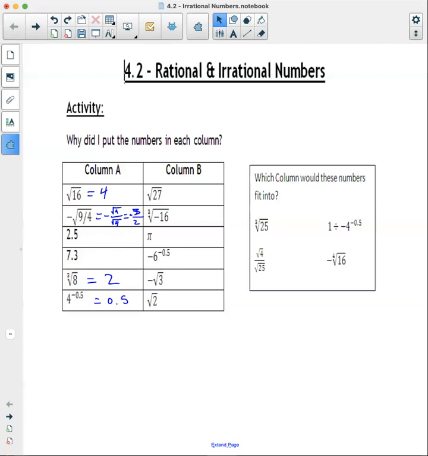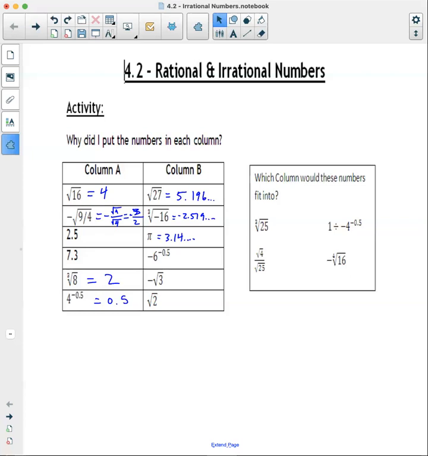Now let's go over to column B. So square root of 27 is 5.196 and a whole bunch of other numbers. Cube root of negative 16 is negative 2.519 and a whole lot of other numbers. Pi, just press pi equals, you have 3.14 and a whole bunch of other numbers.